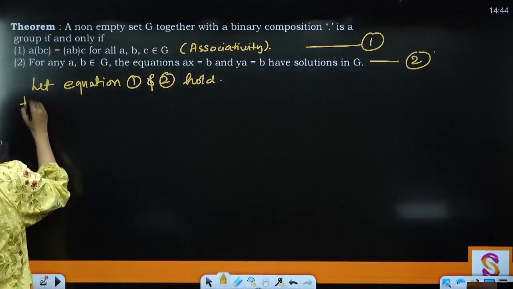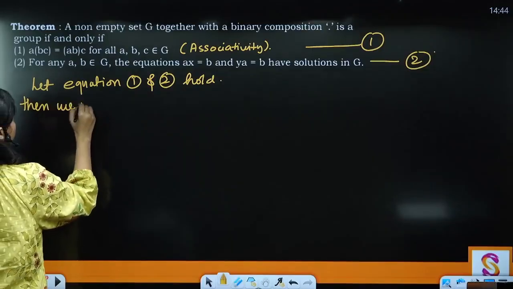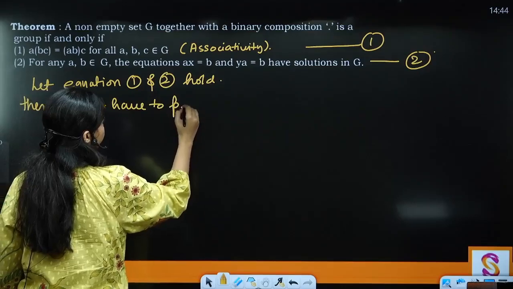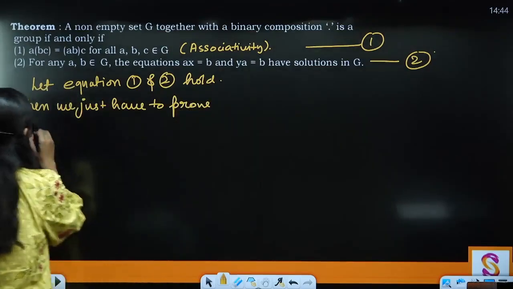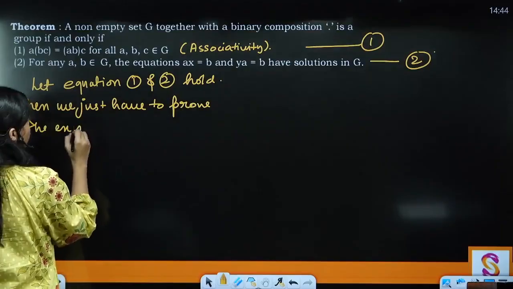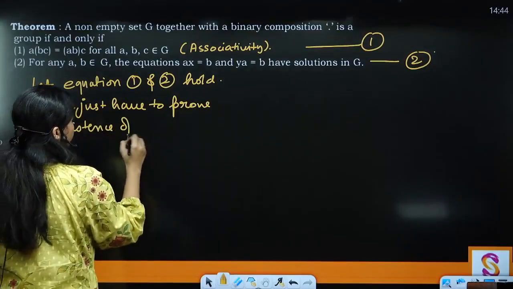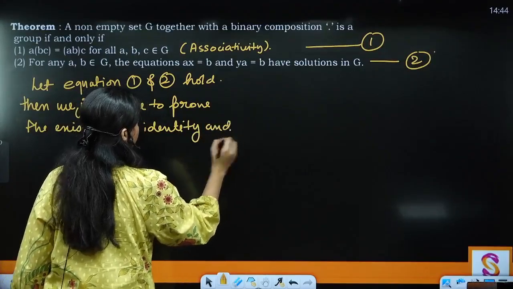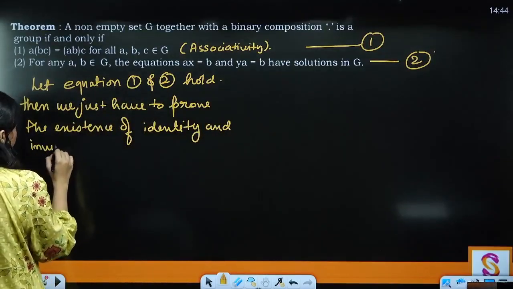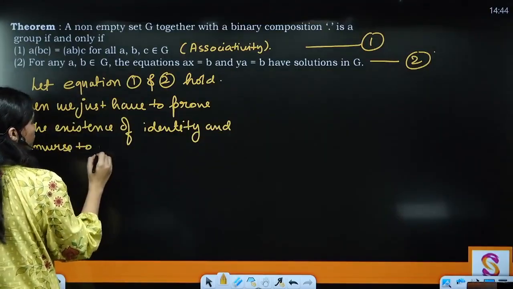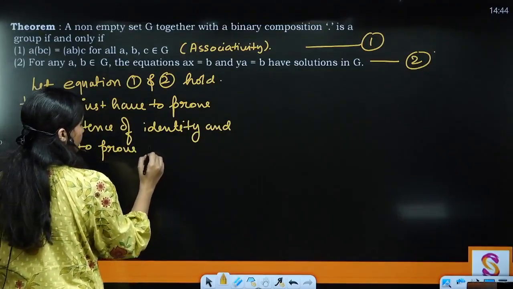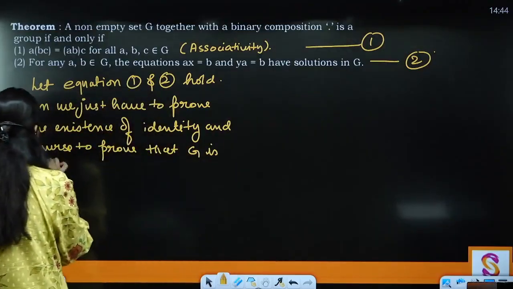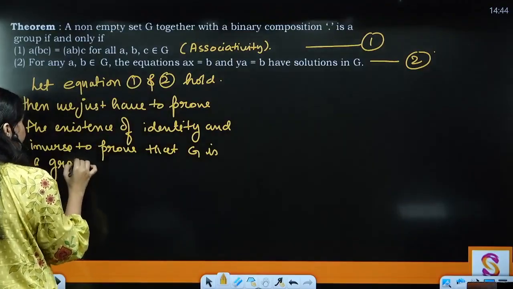Then we just have to prove the existence of identity and inverse to prove that it is a group, right?